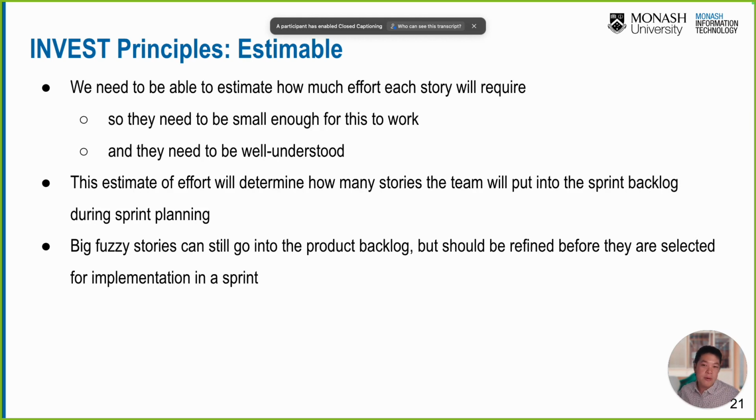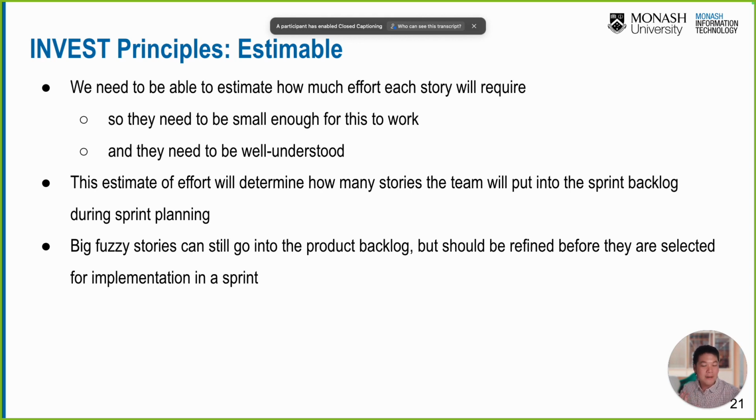Estimable. We need to be able to estimate how much effort each story will require. So they need to be small enough for this to work, and they need to be well understood as well. This estimate of effort will determine how many user stories the team will put into the sprint backlog during sprint planning. Once the user story is estimable, then we know that each sprint is 2 weeks.